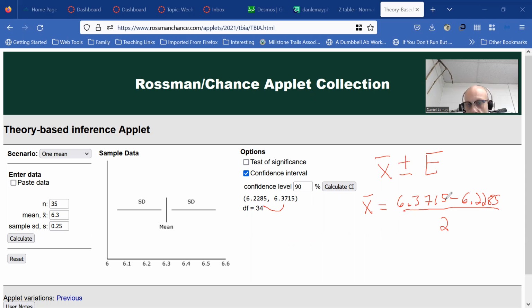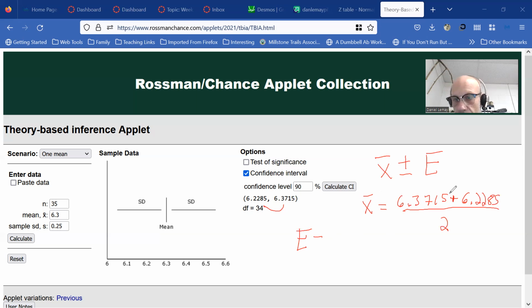Once you know the sample mean, you could just subtract one of these from it, and that'll tell you the margin of error. But the other way to do it, if you're looking for the margin of error, oh, sorry, this should be addition. I'm trying to find, don't believe I did that. We're going to add the 2 numbers, divide by 2. That'll tell me the sample.